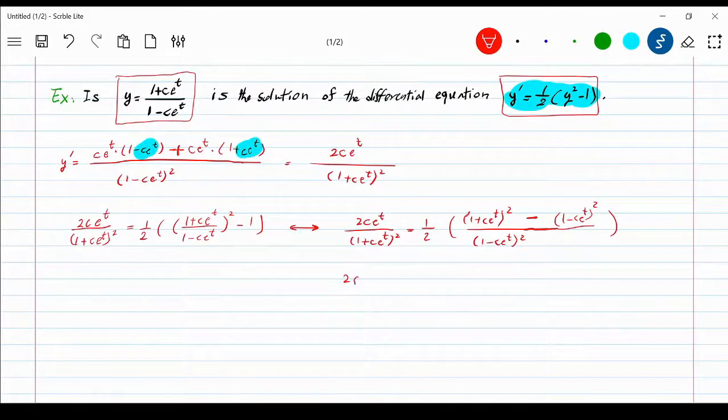the left hand side is still the same, 2c e to the power t divided by (1 plus c e to the power t) squared equals 1/2, over (1 minus c e to the power t) squared. And if you simplify the numerator, if you square each parentheses and subtract from each other, what you would get is 4c e to the power t.